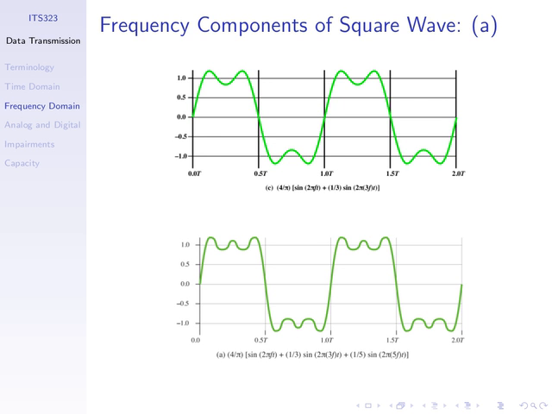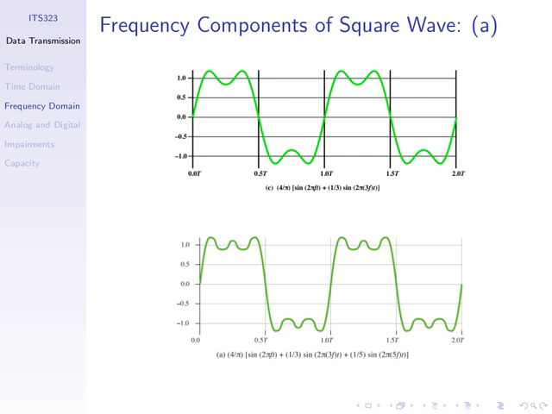Let's say f is 2 megahertz, 2 million hertz. Then s1 of t is the sine 2 pi ft, which is sine 4 times 10 to the 6 pi t. 2 megahertz is 2 times 10 to the power of 6 hertz, 2 million.